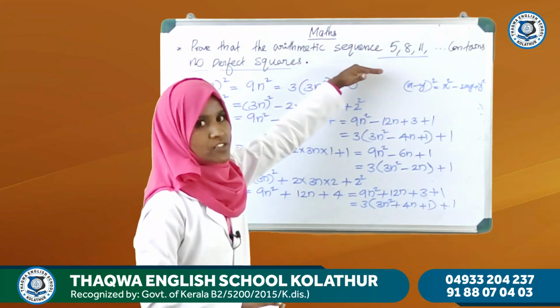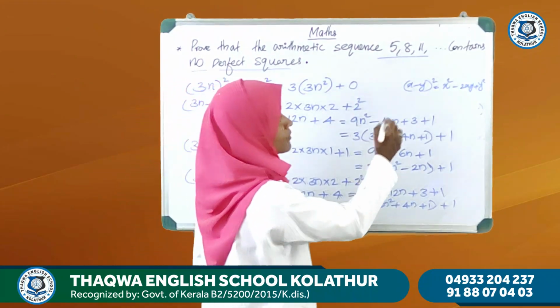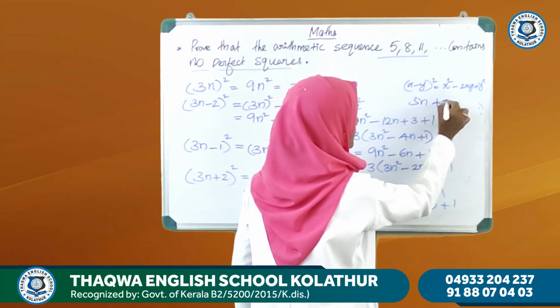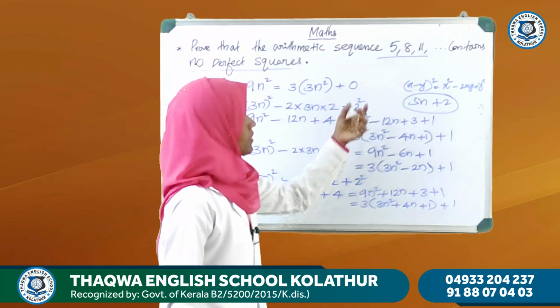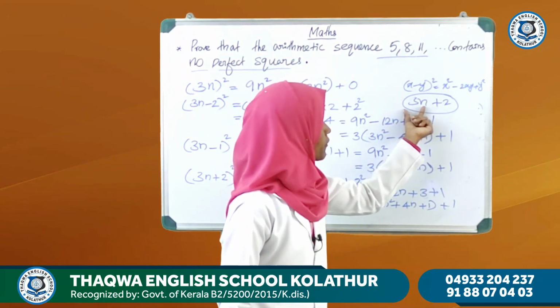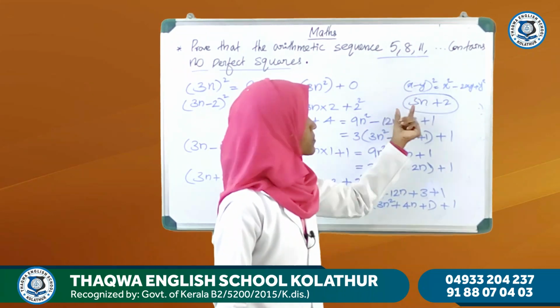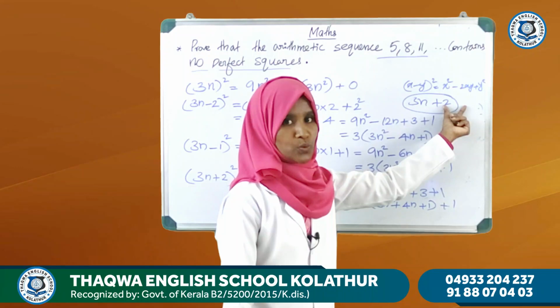So what is our first step? First we find the nth term. What was our nth term? Nth term is 3n plus 2, or if we divide the terms of the sequence by the common difference, we get the remainder 2.